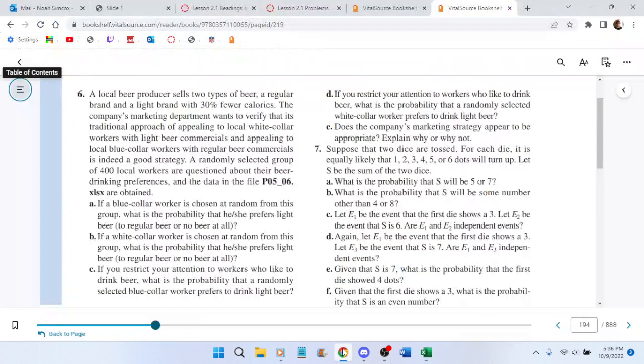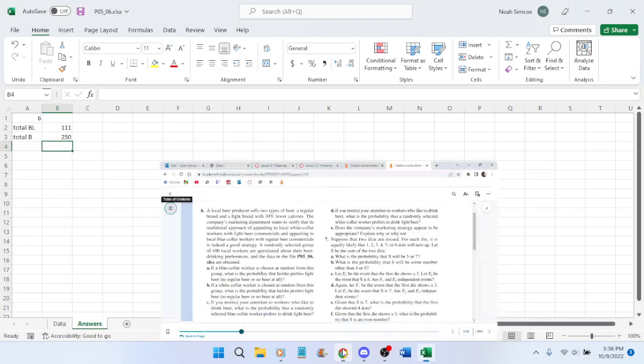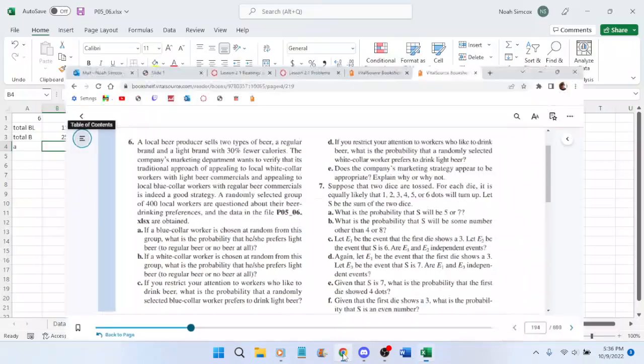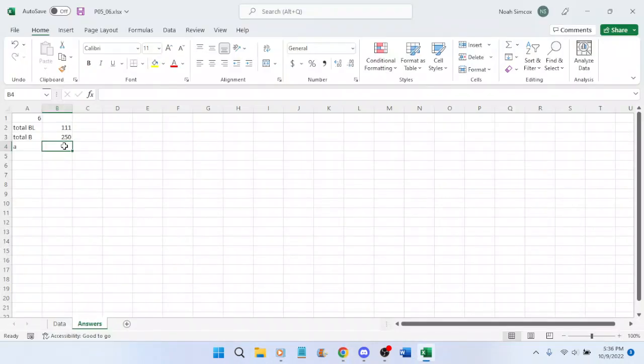So A is the probability that somebody who's a blue collar worker will prefer light beer. The answer for A is this divided by this. Now, this is probably not how you're supposed to do it, but I don't know how I'm supposed to do it, so too bad. I'm just doing it this way instead.